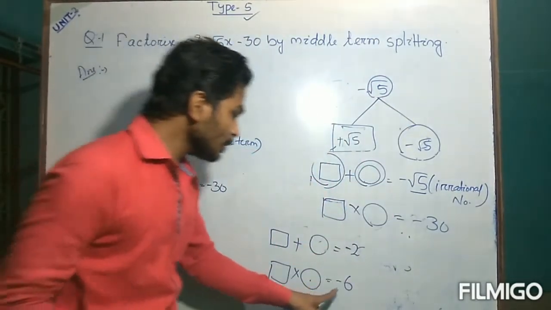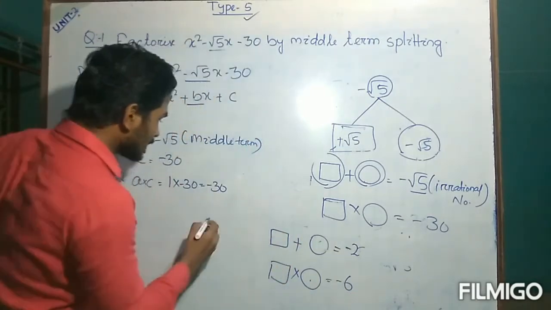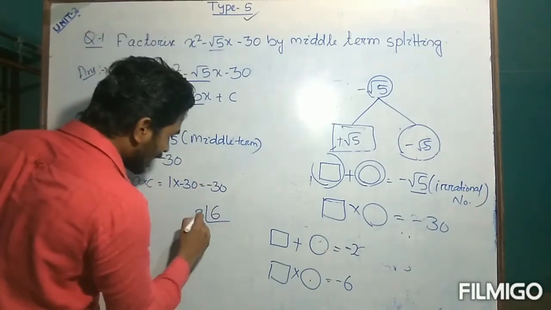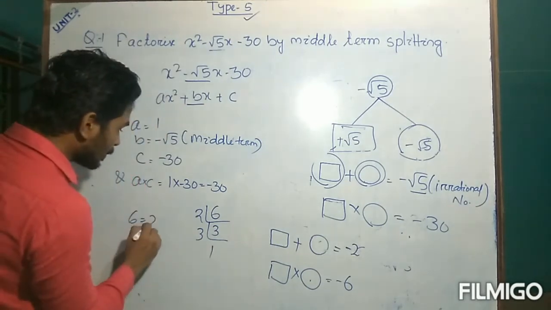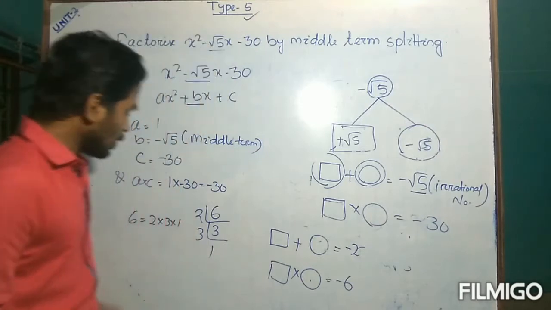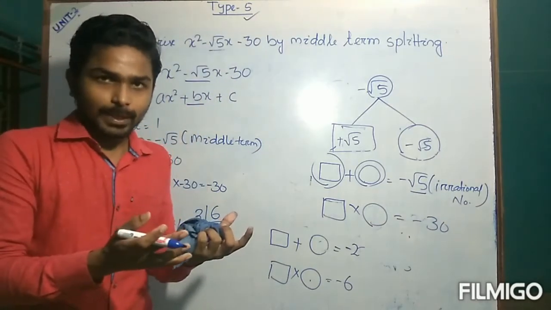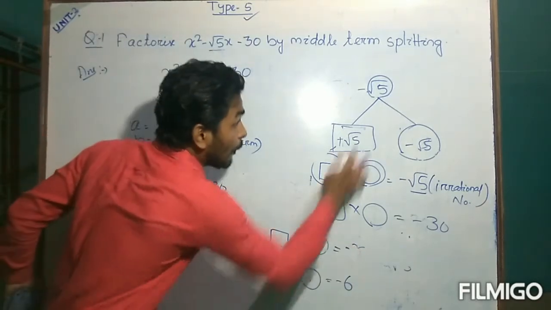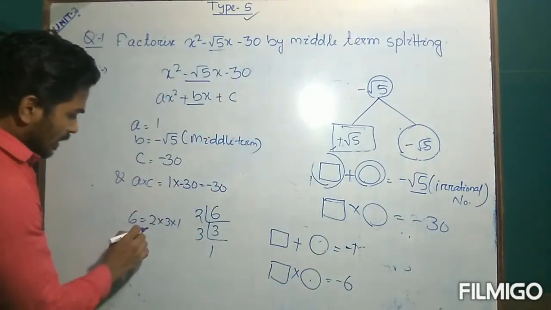Now we need to split minus 6. How? Simply, we can factorize 6. Let us factorize: 2, 3, 3, 1, hence we get 6 is equal to 2 into 3 into 1. Now we have to take any two numbers as a pair such that they add to give minus 1 and multiply to give minus 6.